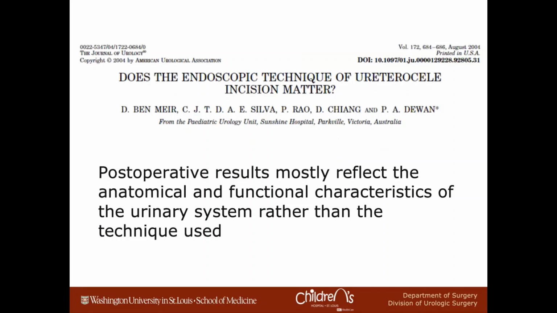Patty Dewan in Australia, next slide, evaluated several different ureterocele incision techniques, and I think their conclusion was probably right, that the result reflects the complex anatomy and they're all different, and it's not necessarily the technique. I think it's the anatomy that's utilized.